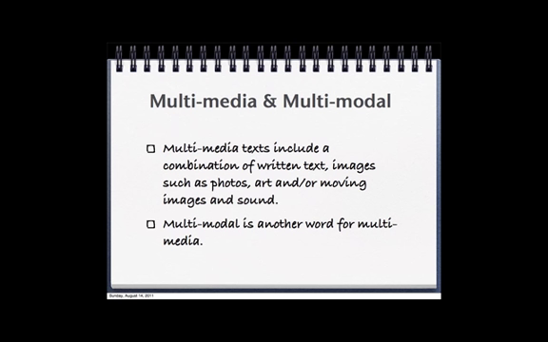That photo on the first page, if that was by Ansel Adams, we would call that art, right? Moving images, movies, television shows, and sound. So that could be someone speaking overlaid on a photo for a photo essay. It could be a podcast or even songs, right? Music, composition, along those lines.